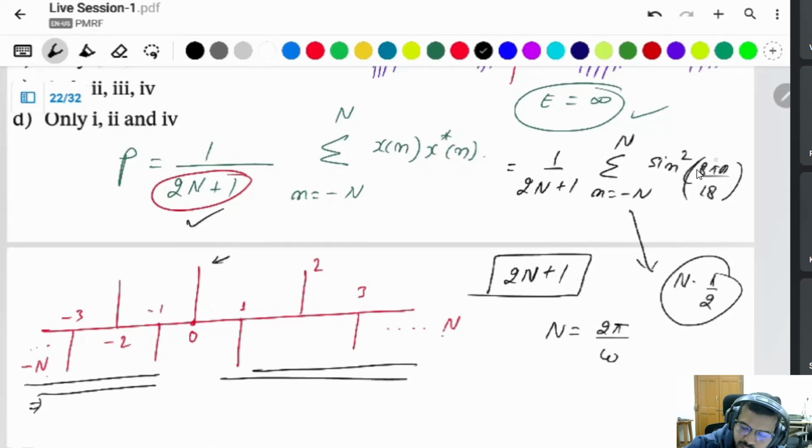Omega is 8 pi, sorry, 8 pi by 18, not 8 pi only, because the sinusoidal representation in discrete time is sine of omega n.